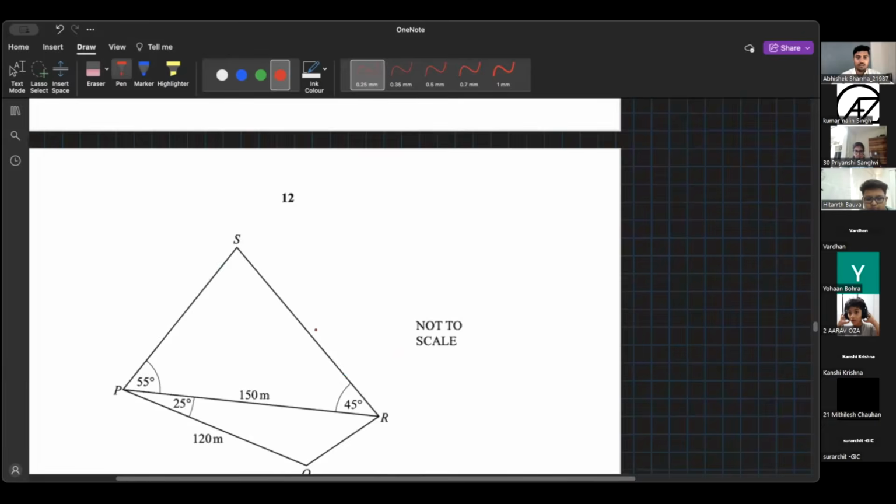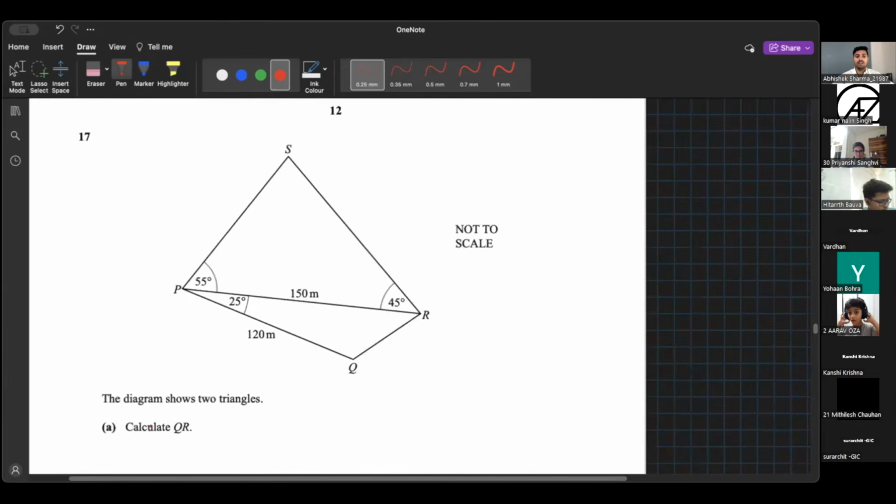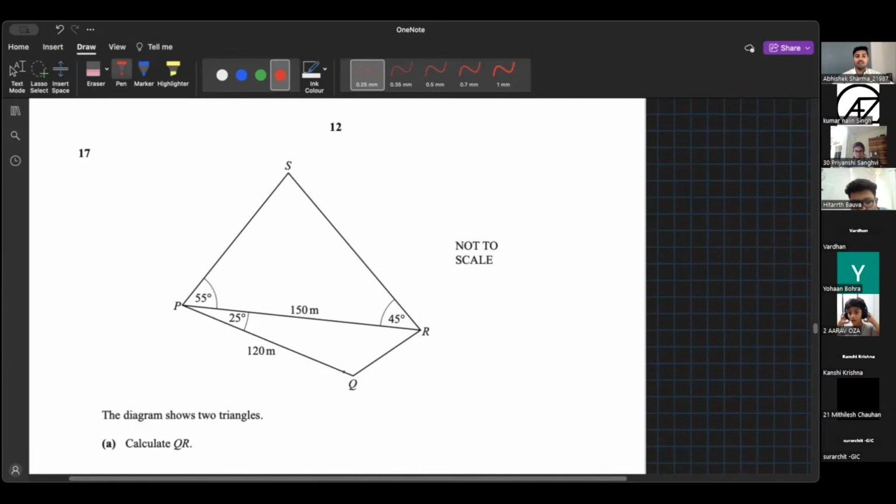Okay. Let's move on to question number 17 now. The diagram shows two triangles. It says calculate QR. We need to use the cosine rule.